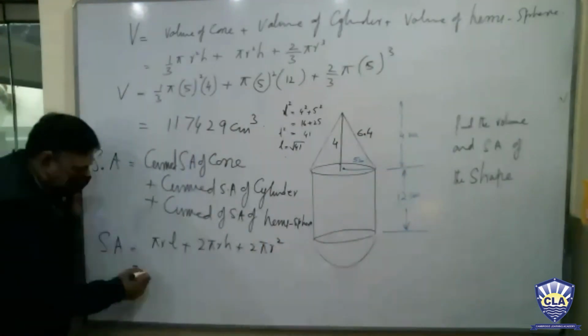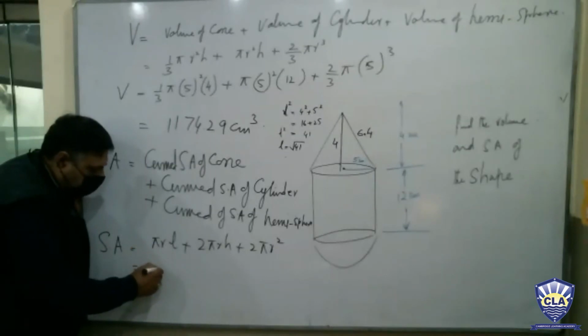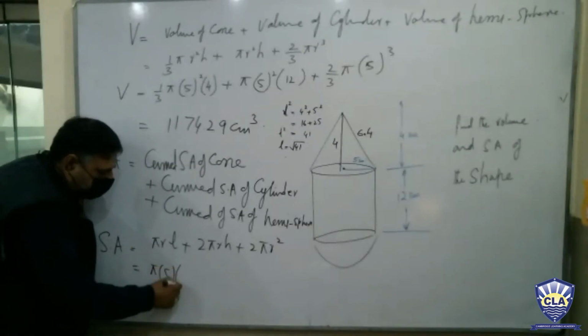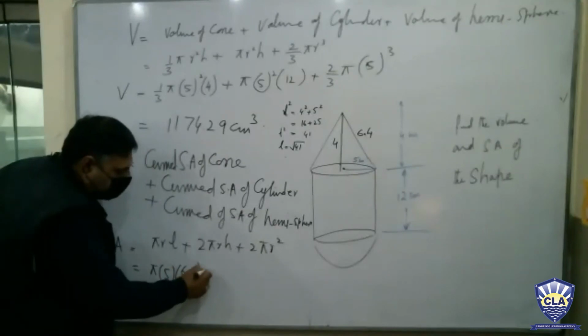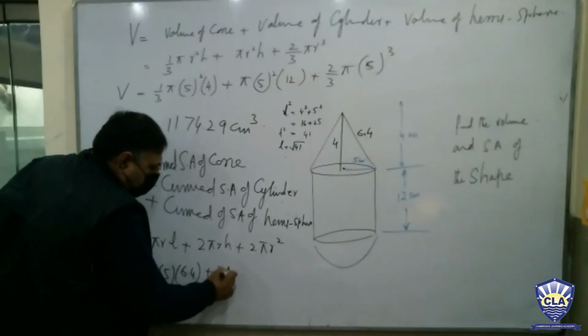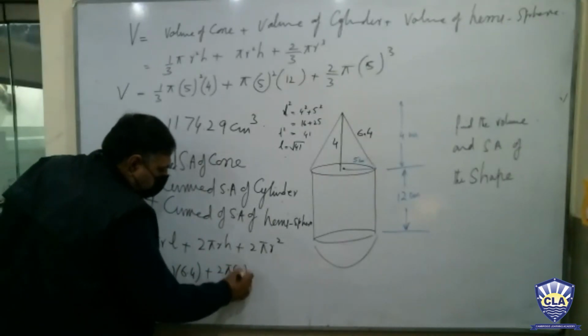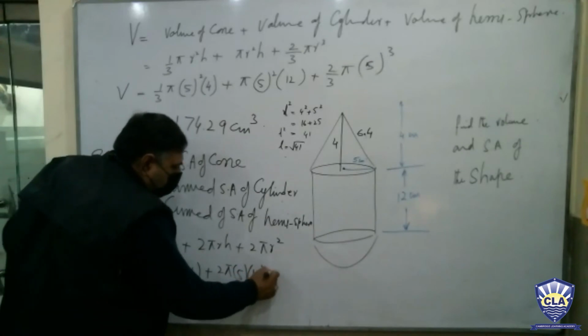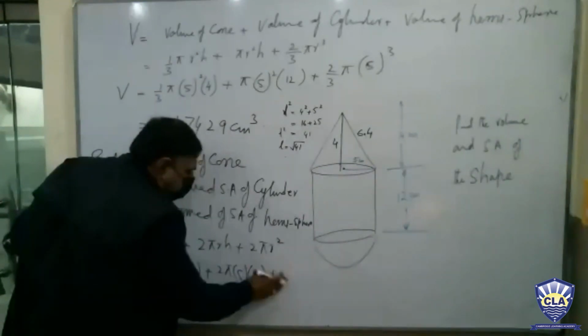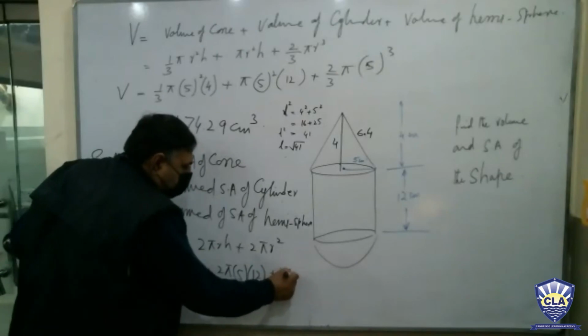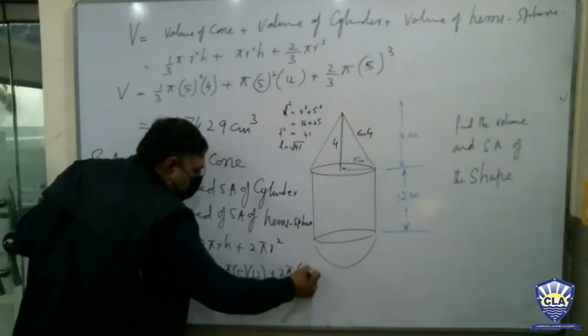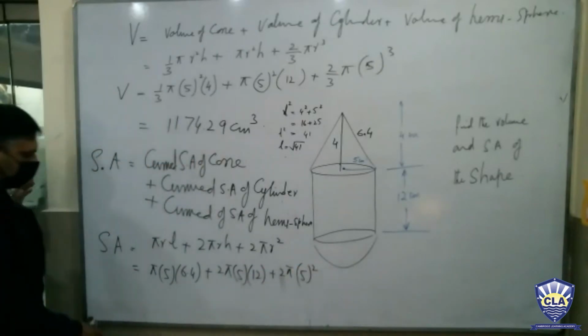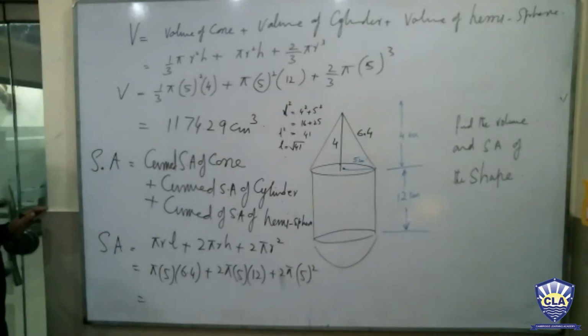Pi, radius is 5, L is 6.4, plus 2 pi, radius is 5, height is 12, plus 2 pi, 5 square. Use the calculator. You will get the surface area.